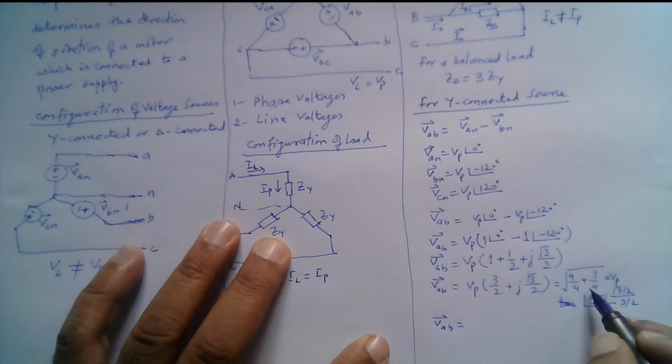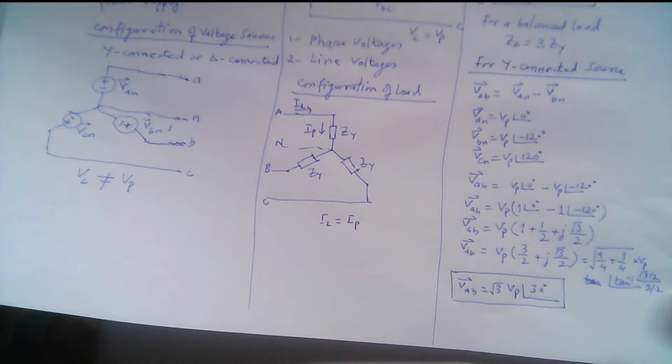If we perform a similar procedure as for VAB, we find that the value of VBC comes out to be under root 3 VP in magnitude, the magnitude remains the same, and this will lag VAB by 120 degrees.